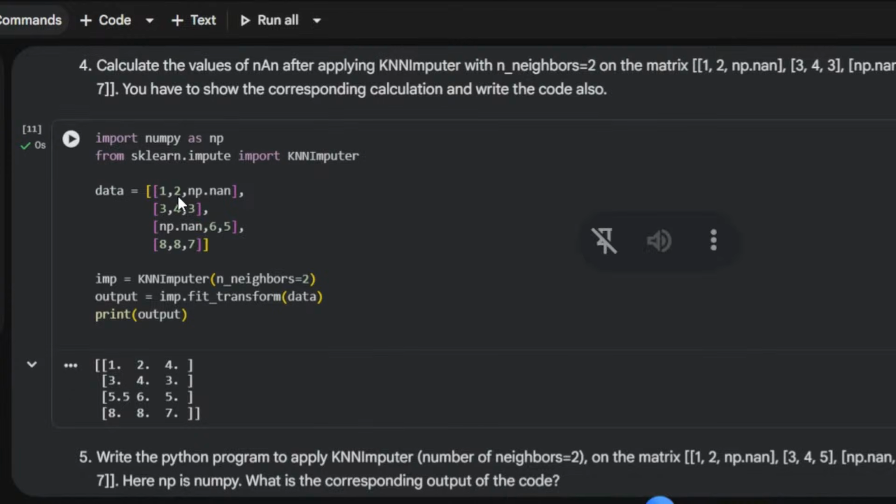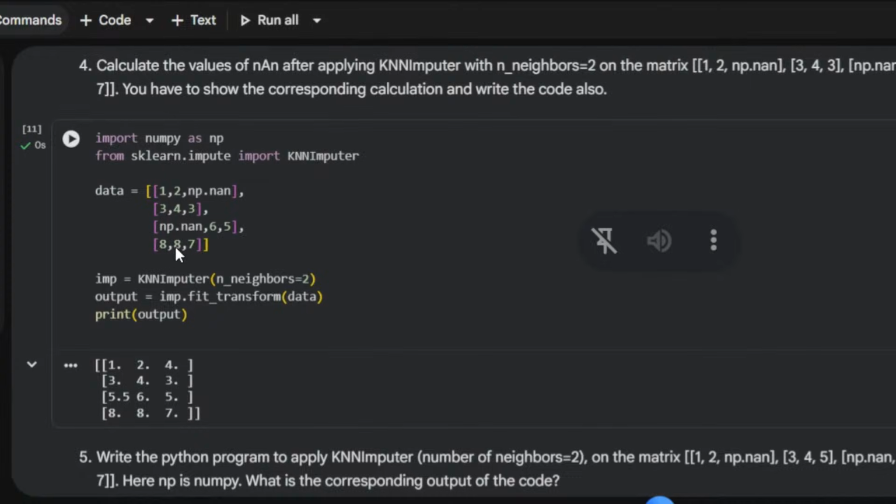Just a minute, I'll confirm. Yeah. So for the third row, np.nan, 6, 5, if you calculate the distance using the RMS, you'll get 343 and 887.